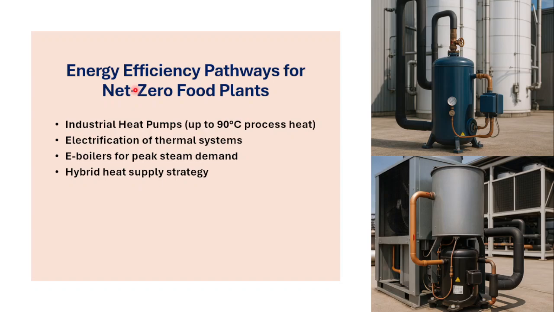And also about the energy efficiency pathway for the net zero food plant. Besides renewable energy, improving energy efficiency is very important for reaching net zero in food plants. Industrial heat pumps can replace gas boilers for low and medium temperature processes. Modern heat pumps can produce hot water or process heat up to 90 centigrade and sometimes even higher.